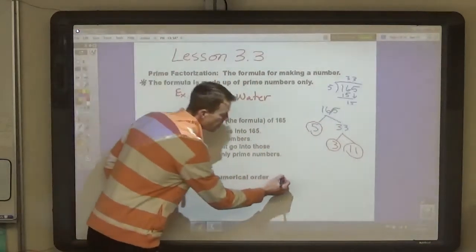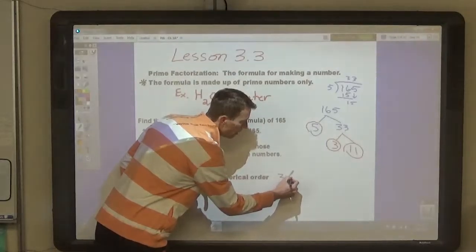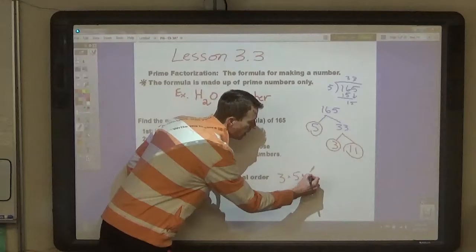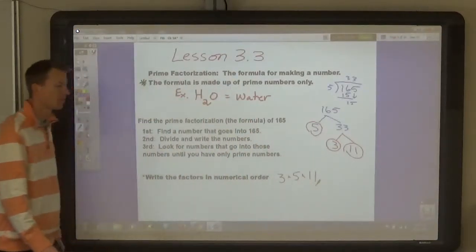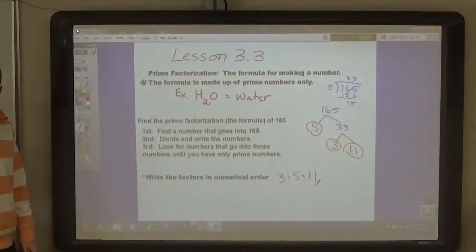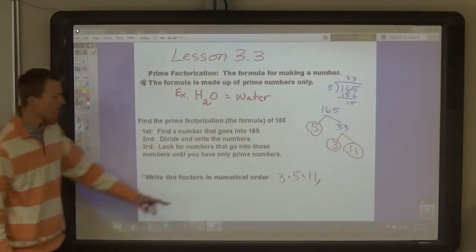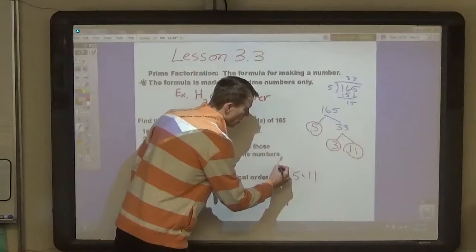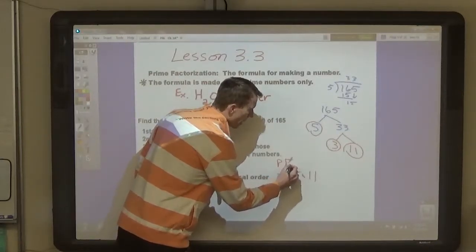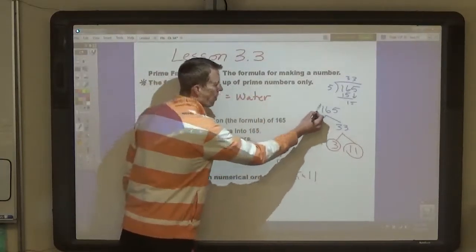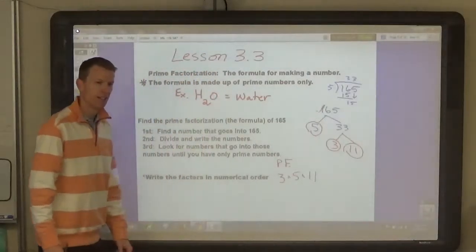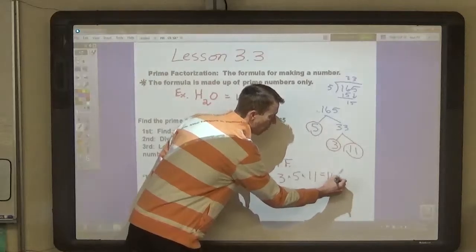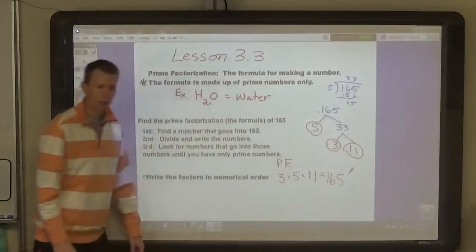So let's write them as a multiplication problem. 3 times 5 times 11. This is the prime factorization. If somebody says, what is the prime factorization of 165? It is 3 times 5 times 11. And when you multiply that out, it equals 165.